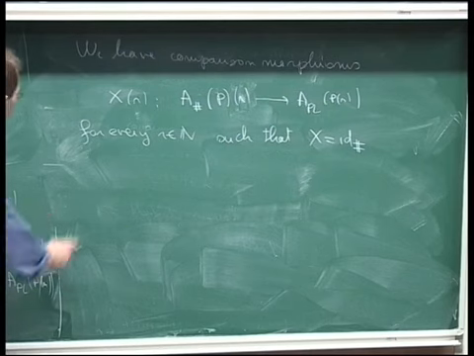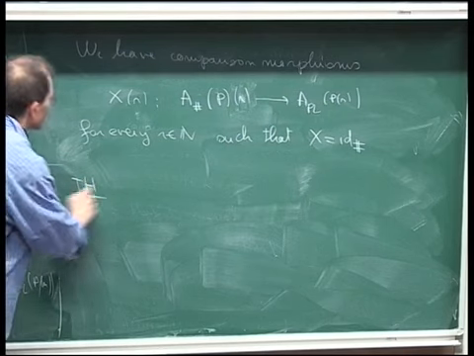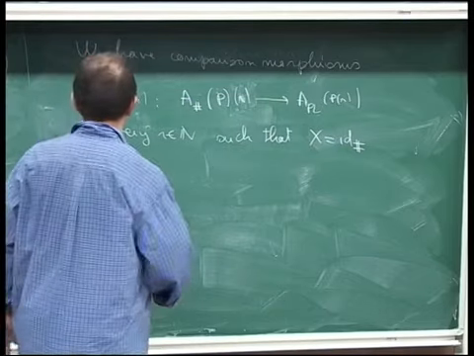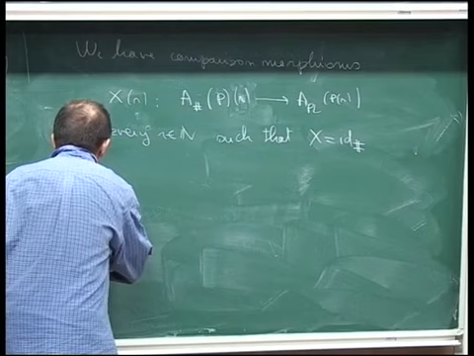So the main statement says that these morphisms are weak equivalences of DG commutative algebras, at least under some assumptions.